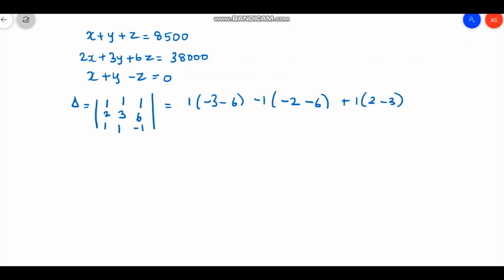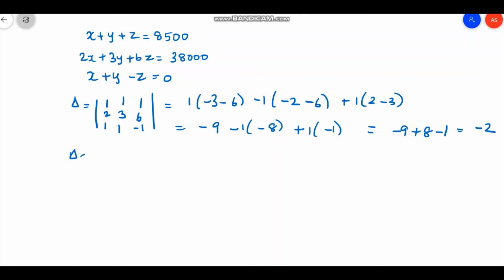So which is minus 9, and this is minus 8, minus 1 into minus 8, and plus 1 into minus 1. So it equals minus 9 plus 8 and minus 1. So which is minus 10 plus 8, which gives me minus 2.